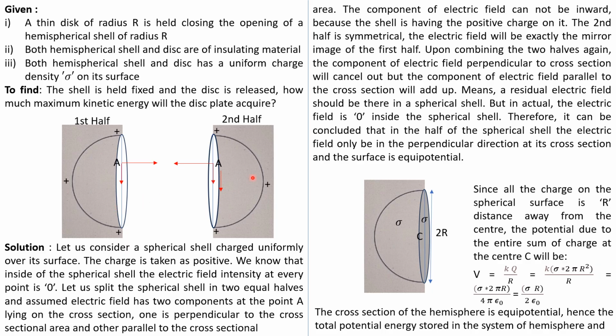But in actual, we know that there is no electric field inside a spherical shell, and it is 0 always anywhere inside the spherical shell. So therefore, it can be concluded that in the half of the spherical shell, the electric field can only be in the perpendicular direction at its cross-section surface, and the surface is equipotential.